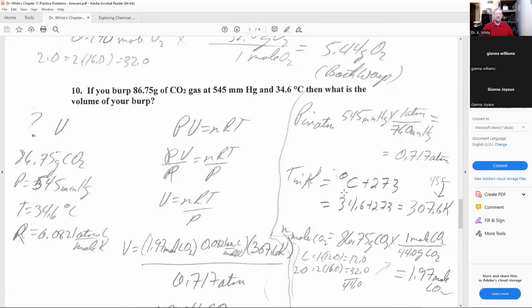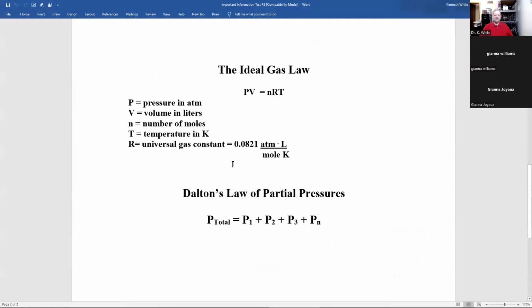Now, if you notice this, plus I'm missing something there, 15 points. Yep, 15 points. But if you notice, you're not changing any of the variables. You're just asked to find something. And you're dealing with a gas. And what does that mean? It means you should use the ideal gas law.